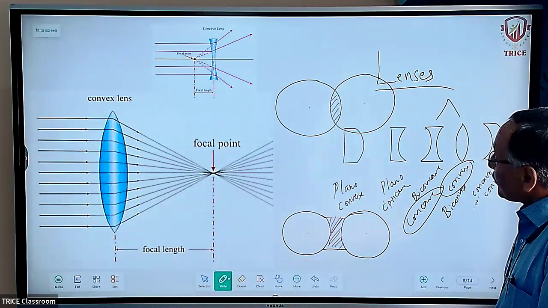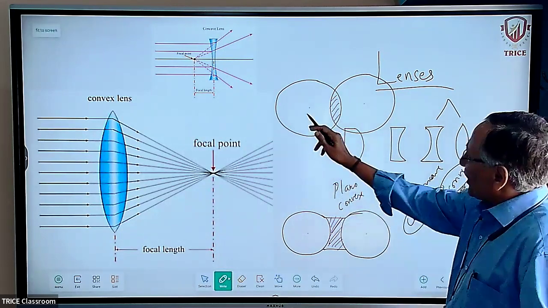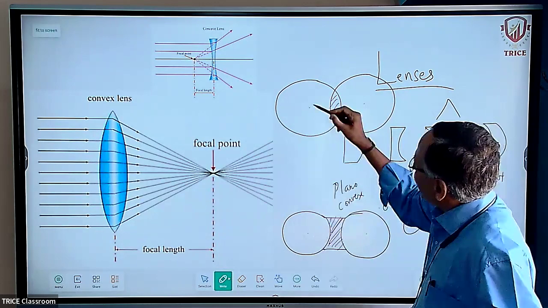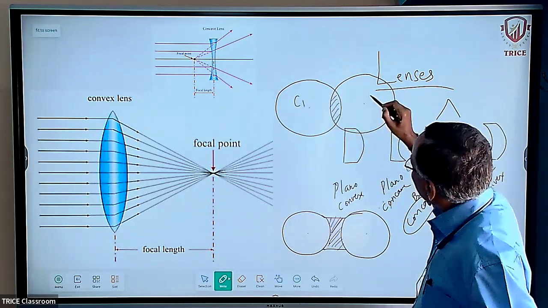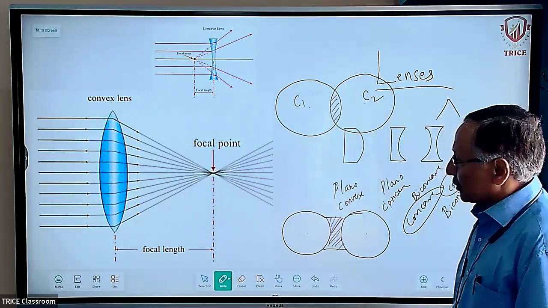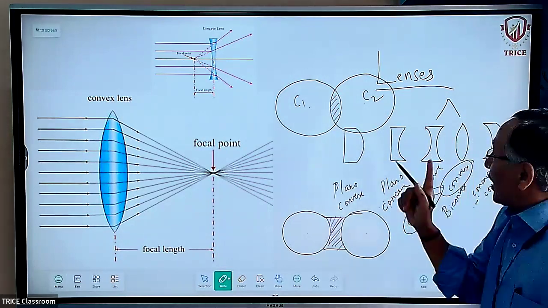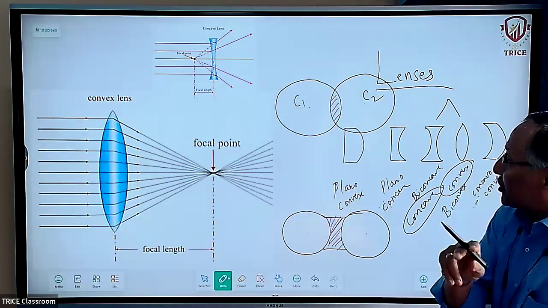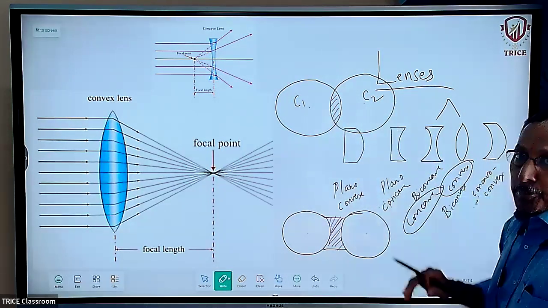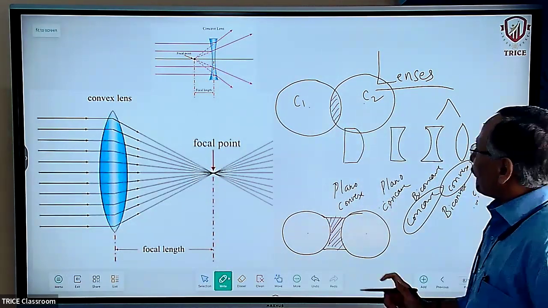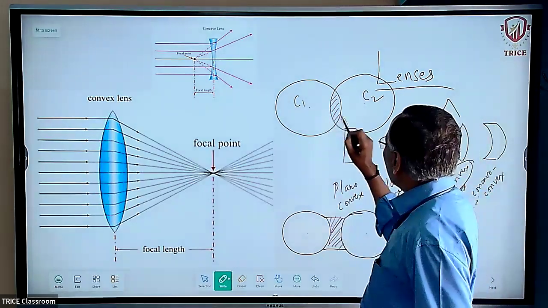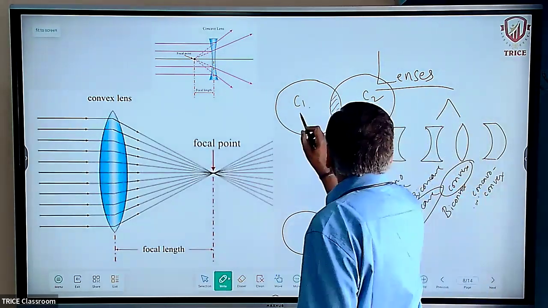Okay. The center of both the spheres we call the center of curvature, C1, C2. A mirror has only one center of curvature, whereas a lens has two centers of curvature, 1 and 2. And of course, there are two principal focuses.